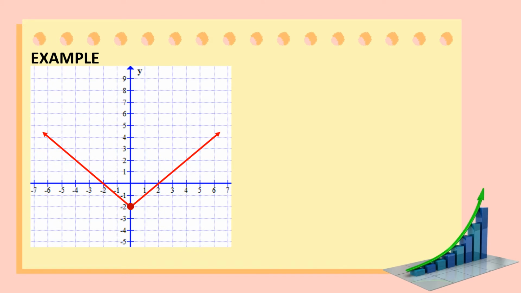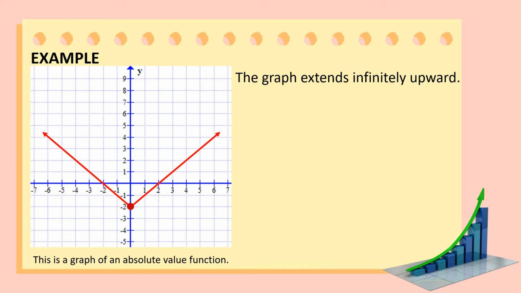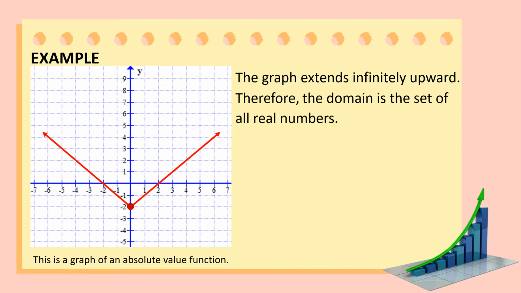This graph is an example of an absolute value function. Notice that the graph extends infinitely upward. Therefore, the domain is the set of all real numbers. So our domain is equal to the set of x such that x is an element of real numbers. For our interval notation, it is from -infinity to +infinity.